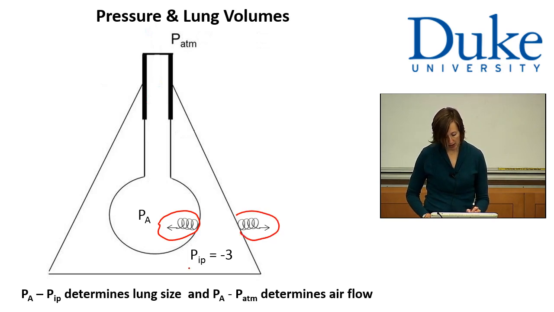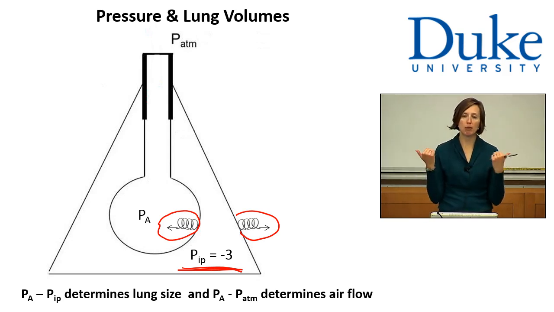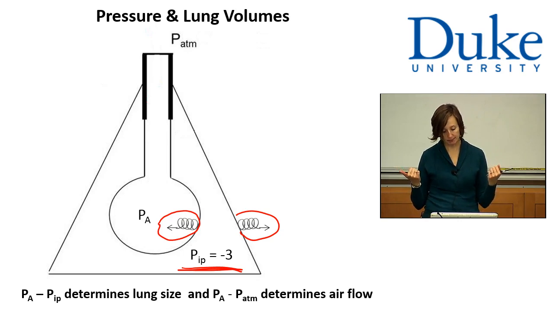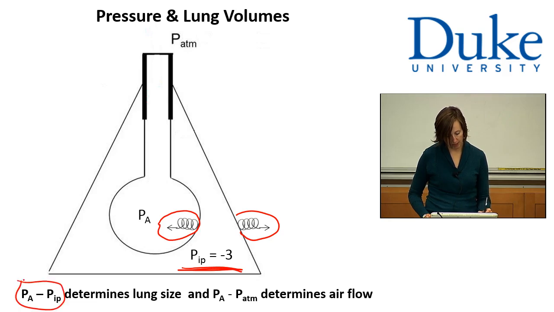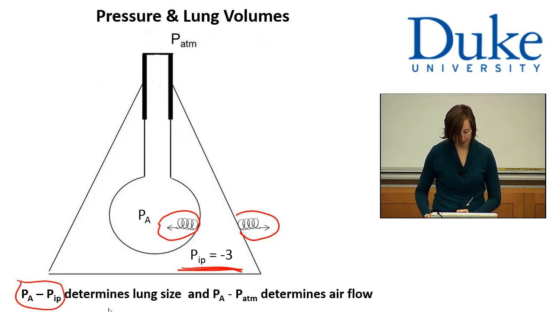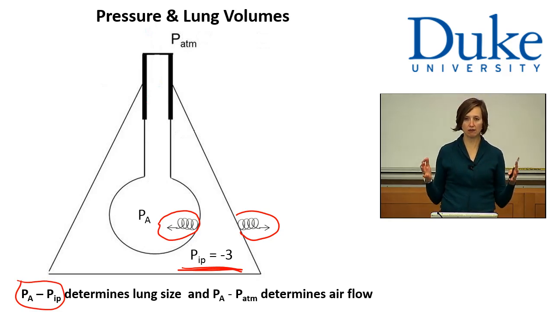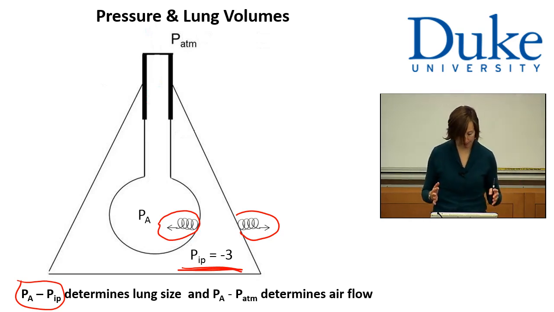So that means that on this pleural space, we have two opposing forces that in this diagram both have a pressure of 0, and so that's going to mean that the intrapleural pressure is going to be negative in this situation, because it's got two forces pulling on it in opposite directions. So we can say that the difference in the alveolar pressure and the intrapleural pressure is what determines lung volume, and we'll see that in just a minute.